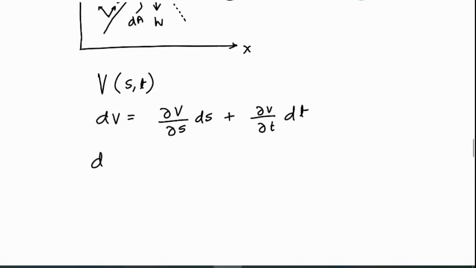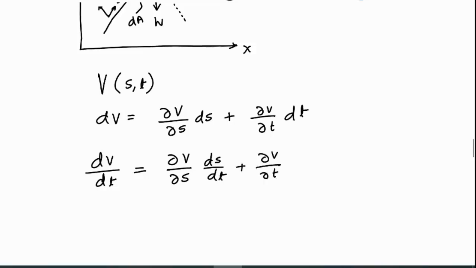So if you divide both sides by dt, and then take the limit, this will be dv by dt equals dv by ds multiplied by ds by dt plus del v over del t.